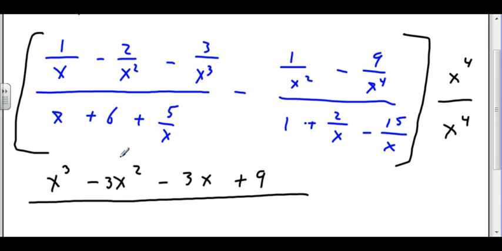Then on the bottom, I'm going to have x cubed, and then 6 minus 1, so that'd be 5x to the 4th. Then I'm going to have 5. Oh, bummer.